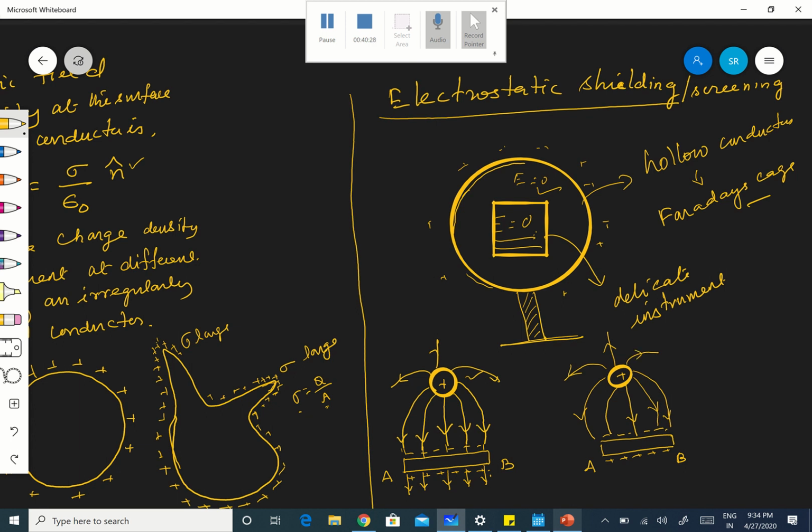But now what I am doing is, the bottom of AB, I am earthing it. Once I earth it, what happens?